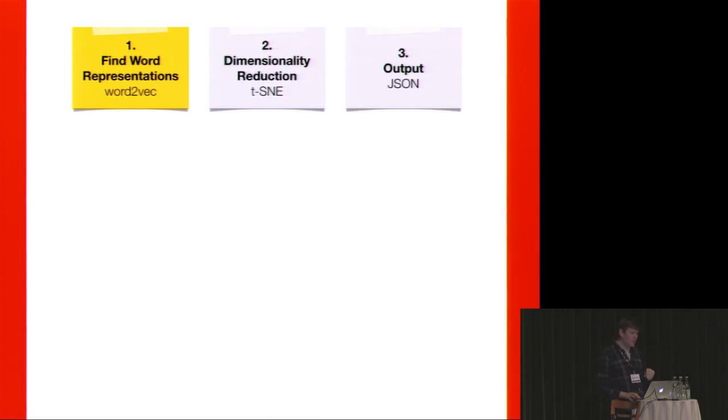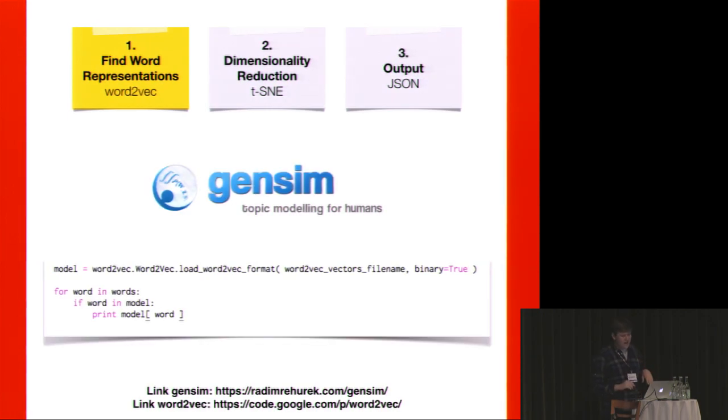To find the word representation, again, it's very, very easy. You just use gensim and some vectors you have pre-trained. On the gensim side, they definitely tell you how to train it yourself. Then you go through the words you have, and if your word is in the model, because not all words are in the model, then, for instance, here you print it out.